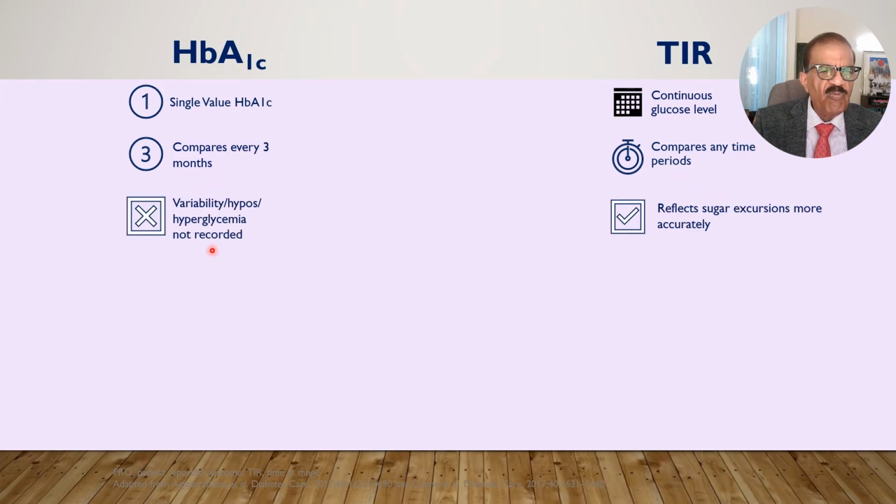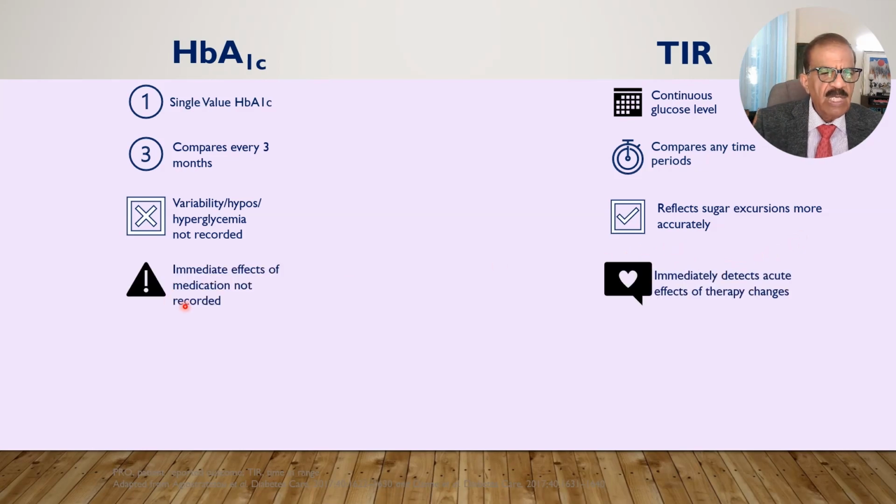Variabilities, hypos and hyperglycemia are not recorded in HbA1c. You may have frequent hypos and still your A1c may be high because you have hypers also. But time in range reflects sugar excursions more accurately. It can warn you about hypers and hypos even before they occur.